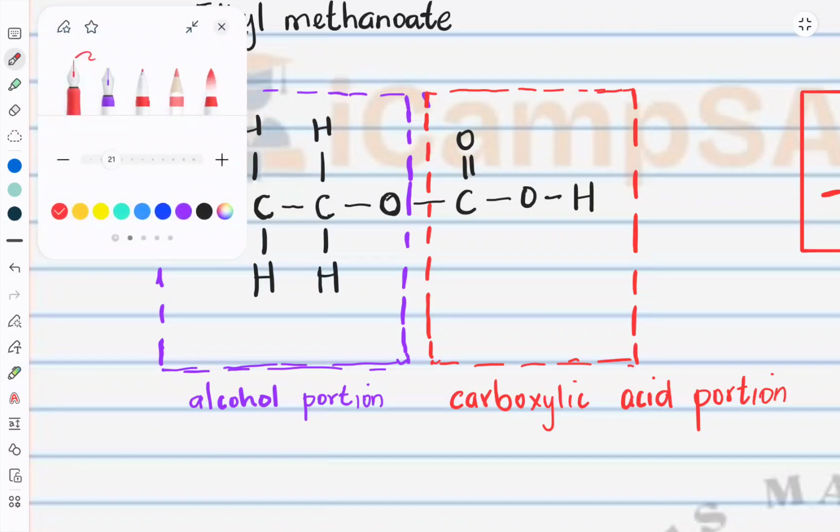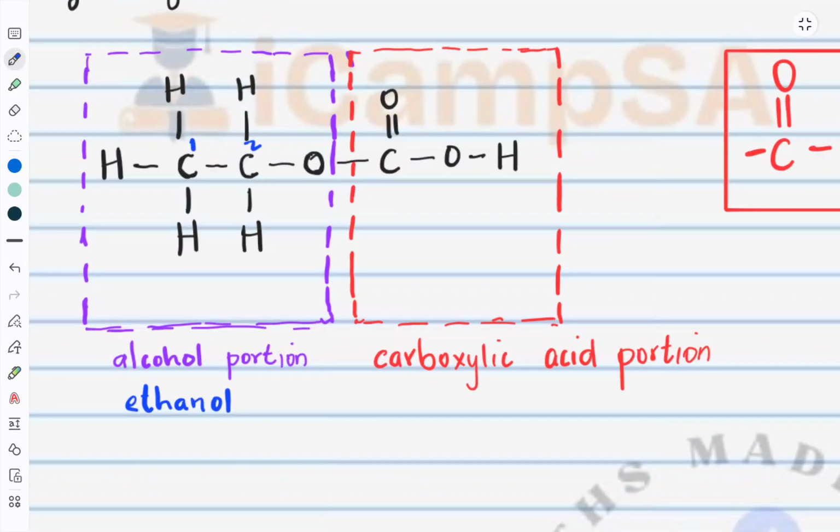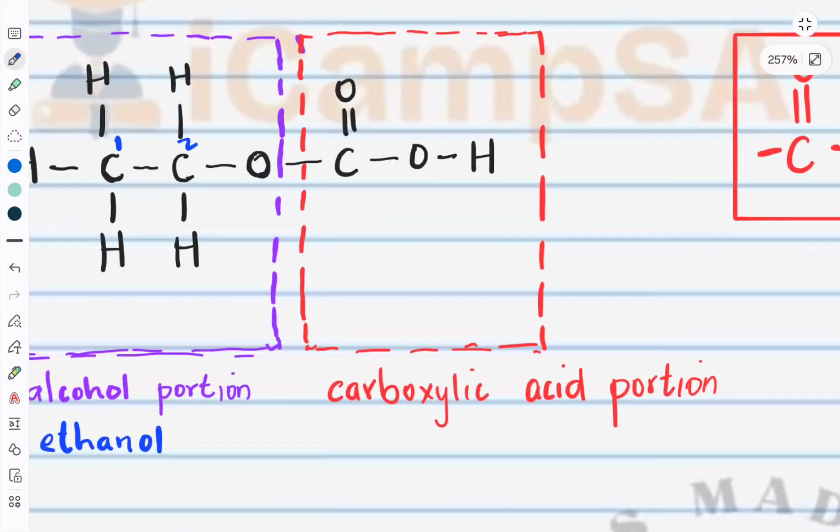It means initially we had an alcohol which, since this has two carbons, would have been ethanol, before it reacted with a carboxylic acid to form this ester. And this other part, since it has one carbon atom, would have been methanoic acid.